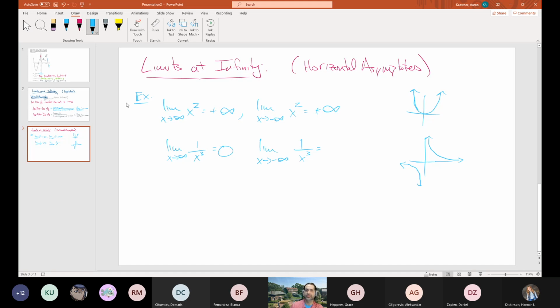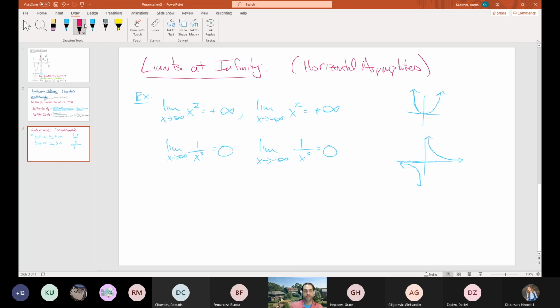Yeah, it's negative, but that's all right. Just because it's negative doesn't mean it has a problem approaching zero. I can make it as small as I want. It's just approaching the x-axis in my graph from below rather than from above. And so that limit there is also going to be 0.